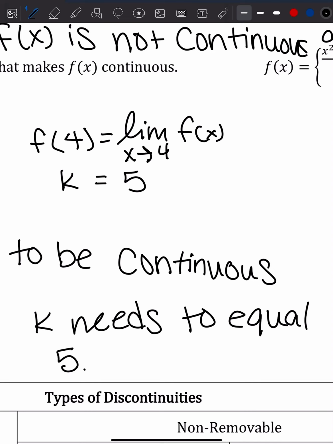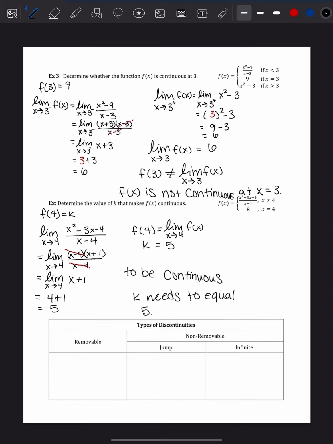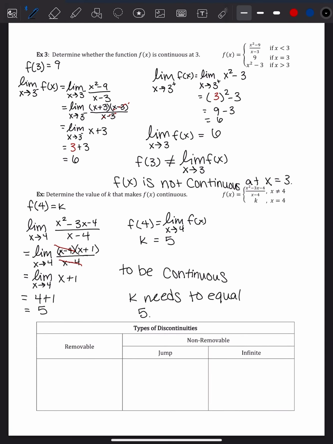So in order for f of x to be continuous, k needs to equal 5. Okay, so this is kind of like our continuity at a point. Sometimes they may ask us what would make something continuous, which is still using those three things. On the other hand, if we are looking at graphs, we can kind of make some ideas.